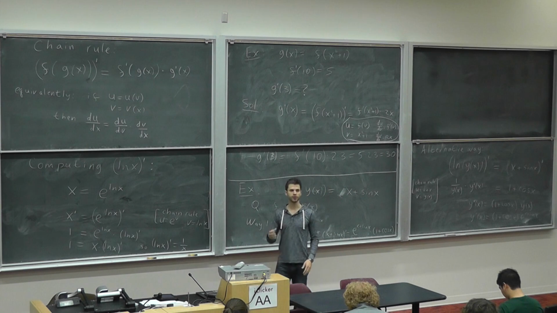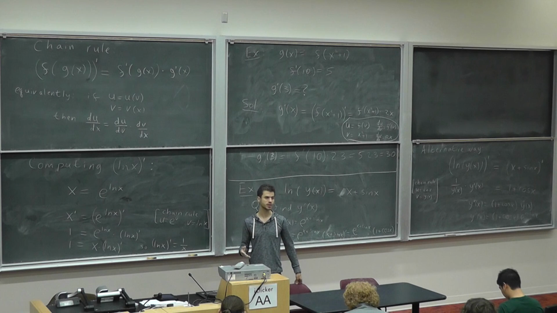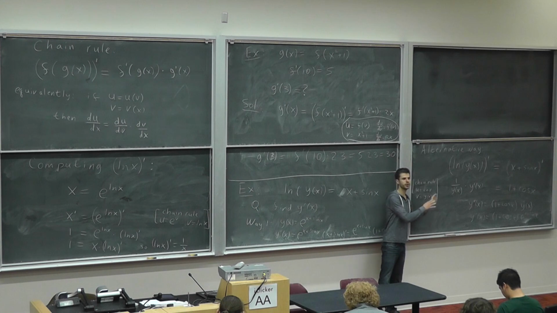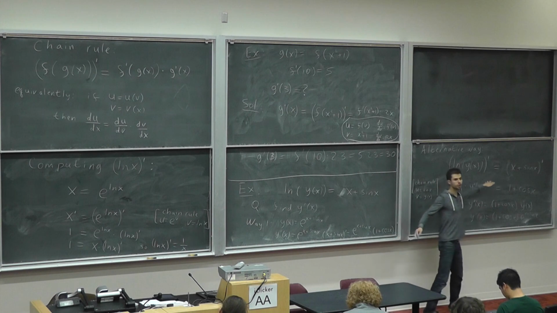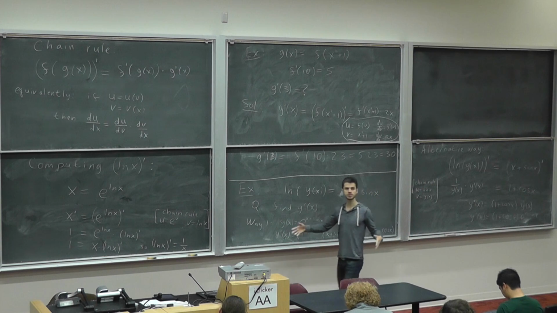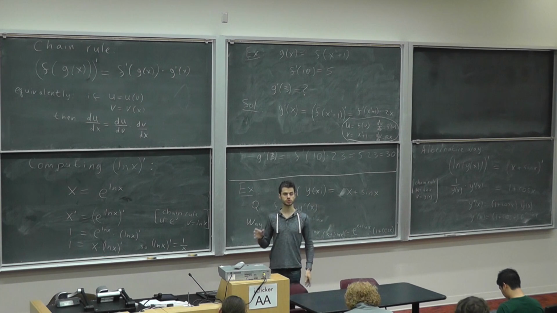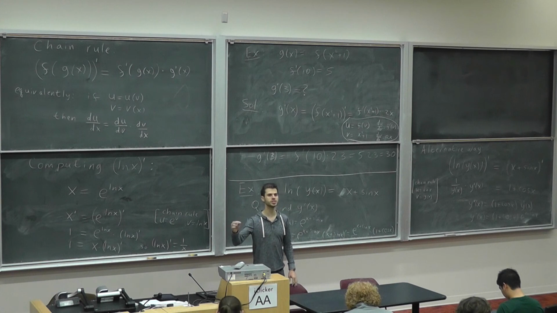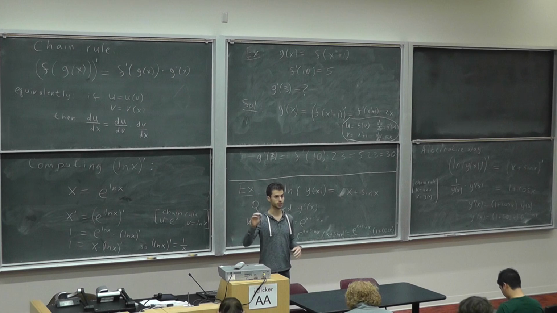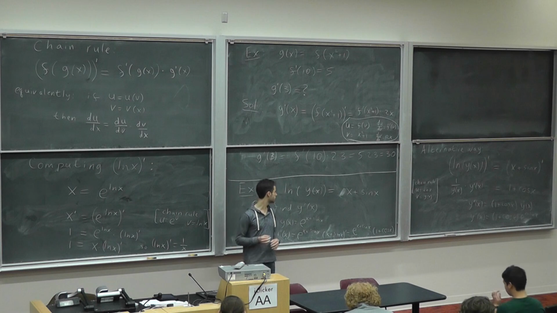But as our functions will get more and more complicated, this alternative way will become way simpler than this way. And the reason will be because logarithm of very complicated expressions sometimes is really simple. Because logarithm transforms complicated operations like powers and products into simpler ones, like products and sums.